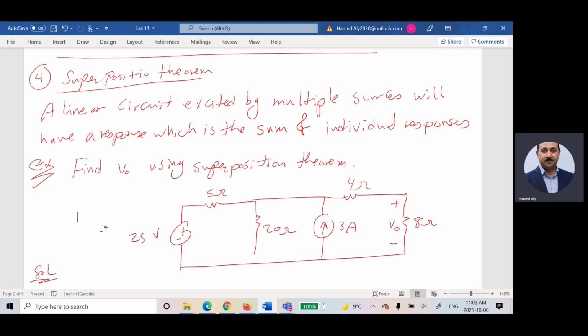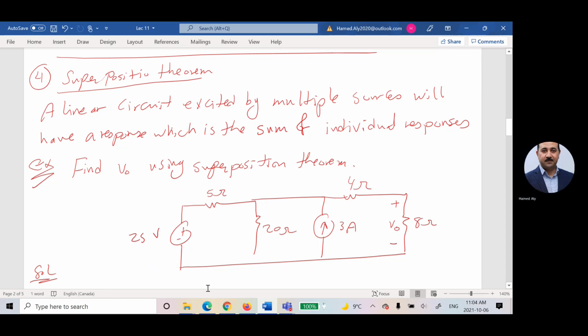This is superposition. Superposition is saying what? If I have different sources, like a voltage source and a current source, and you would like to calculate the voltage across 8 ohms, you will apply the first voltage source and remove the other, and calculate VO due to 25 volts.